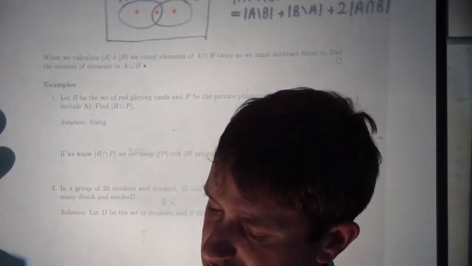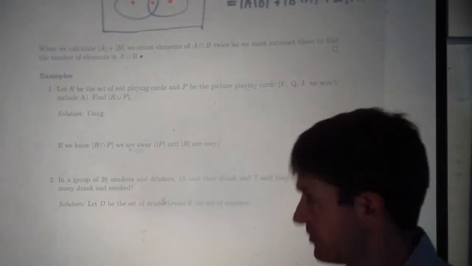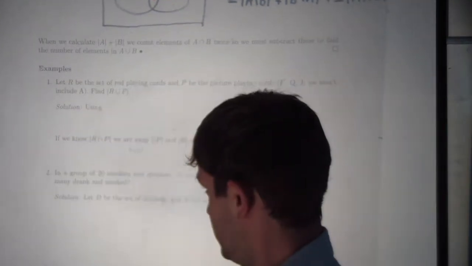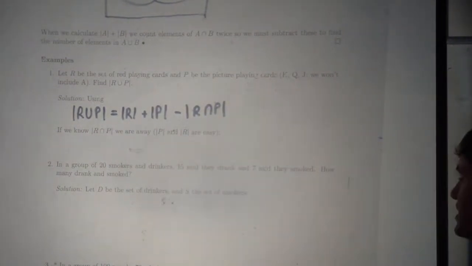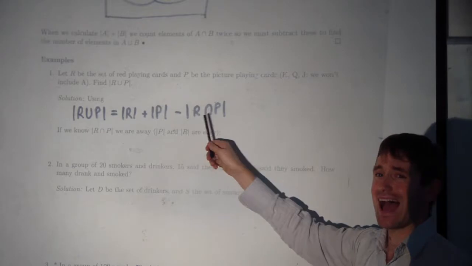Find the number of elements in R union P. So using this formula, the number of elements in R union P is equal to the number of elements in R, the number of red cards, plus the number of elements in P, the number of picture cards, take away the number of elements in R intersection P. Now, R intersection P is the set of cards that are red and a picture card.